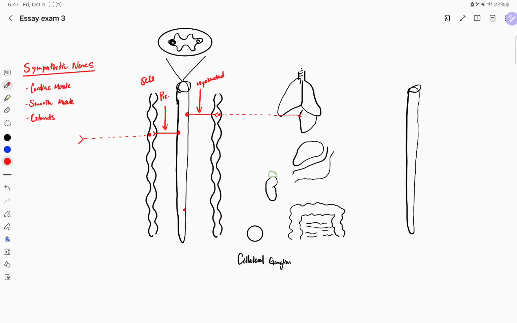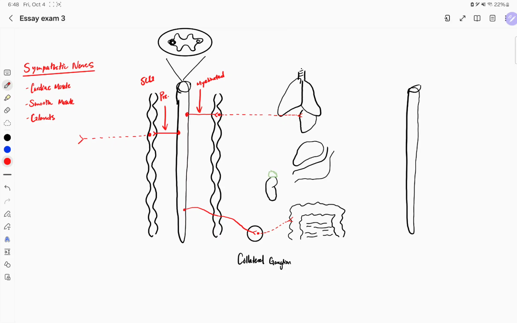With these neurons, our preganglionic neuron will pass through the sympathetic chain ganglia, but it will not synapse there. It will actually continue, and it will synapse in the collateral ganglion. And from there, we will have our postganglionic neuron that will continue into a cavity in the abdominopelvic region to synapse on muscles there.